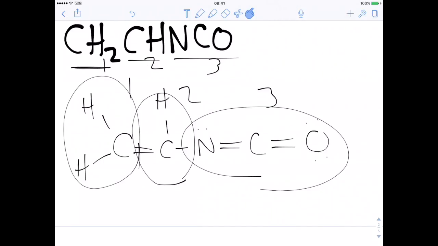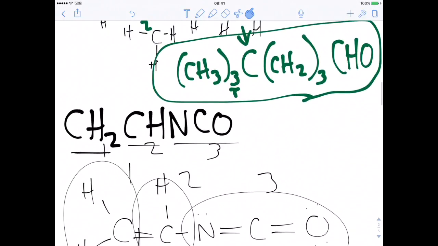Some good rules of thumb when dealing with condensed formulas are that the electrons and single bonds are not shown, so don't forget to add them at the end. Bonded atoms are written in their bonding order, so again, just written left to right, just like how you draw it out. Multiple bonds are sometimes shown for clarity, but not always. So again, make sure you're remembering where all those extra bonds go. Groups bonded to the same atom are shown in parentheses, just like how we saw up here.